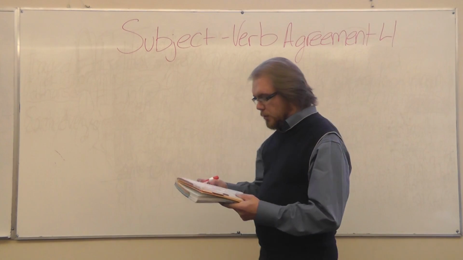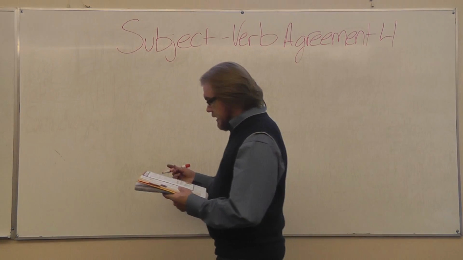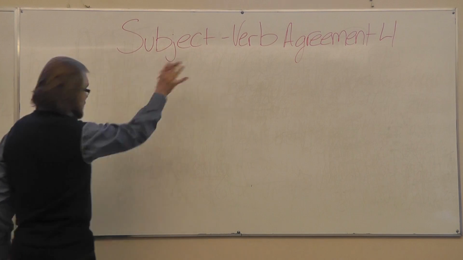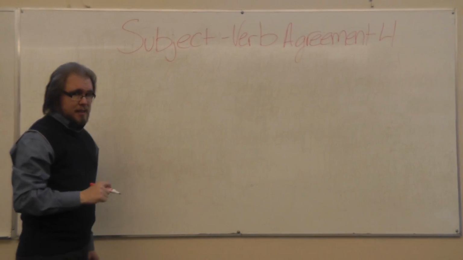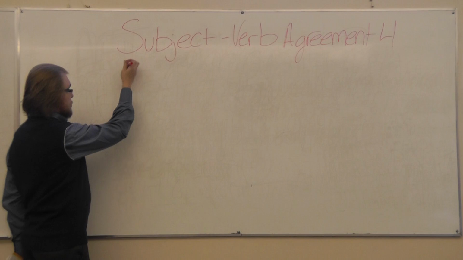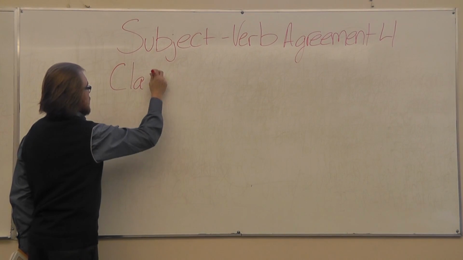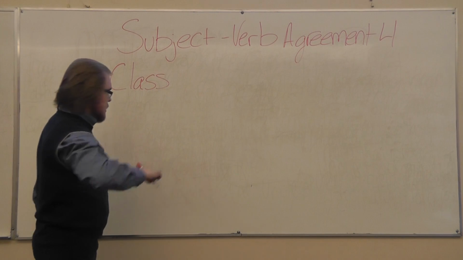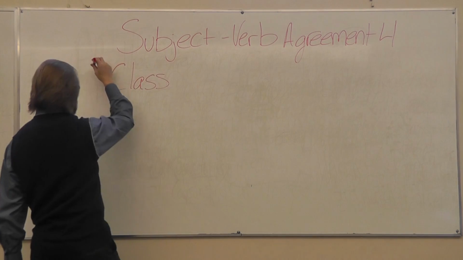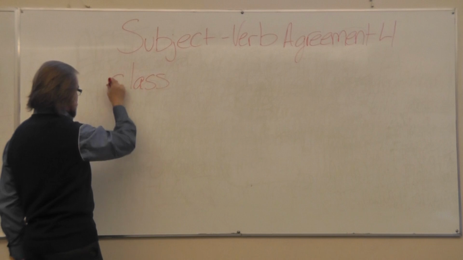So, collective nouns show up in this chapter because they, like many other exceptions in English, are obnoxious when it comes to subject-verb agreement.